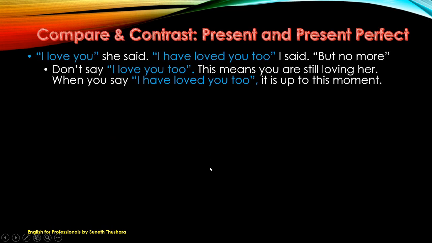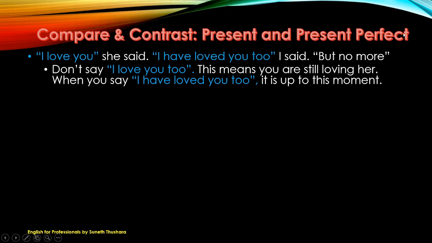Then we compare and contrast present and present perfect. "I love you," she said. "I have loved you too," I said. "But no more." Now understand the difference. When she says "I love you," she's still loving you. "I have loved you too," I said, means I have loved you up to this minute.